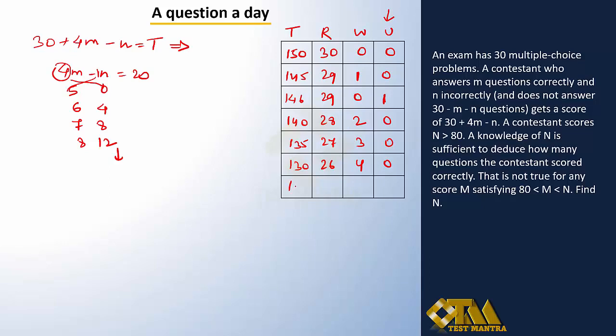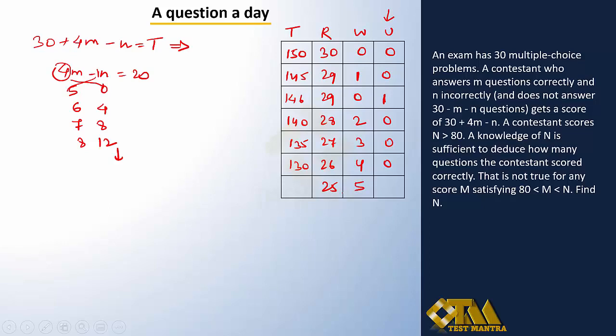Now let's consider a case where I'm keeping this figure as 25 rights, 5 wrongs.